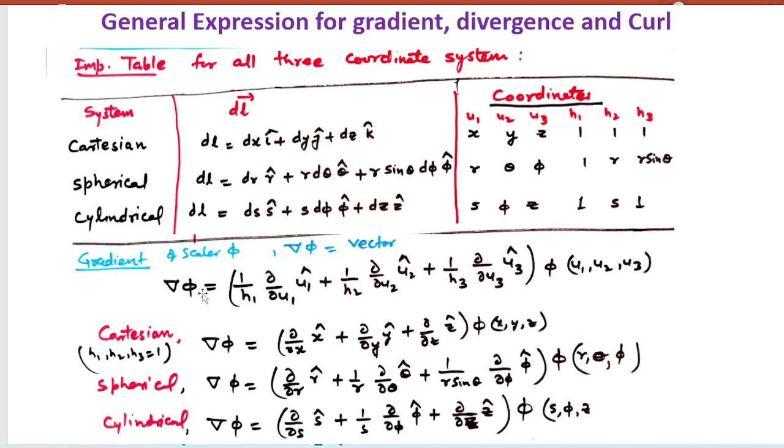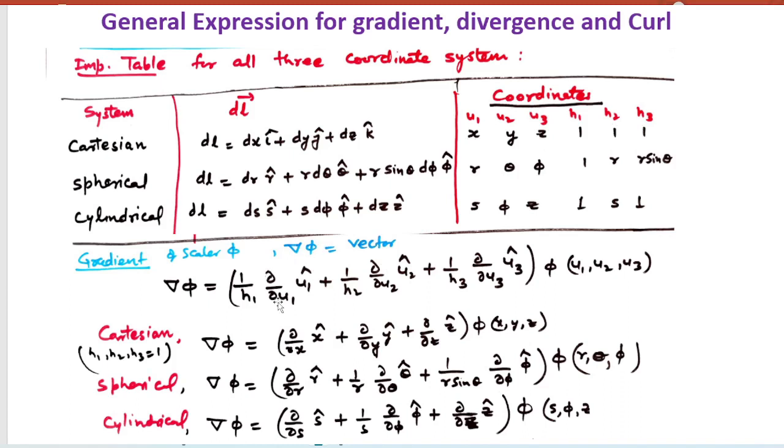The general formula of gradient means you have to operate on a scalar function with the operator del. Del phi equals 1 upon h1, because it is a general formula, we can use the symbols h1, h2, h3, u1, u2, u3.